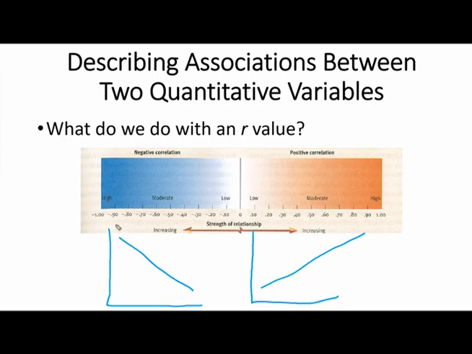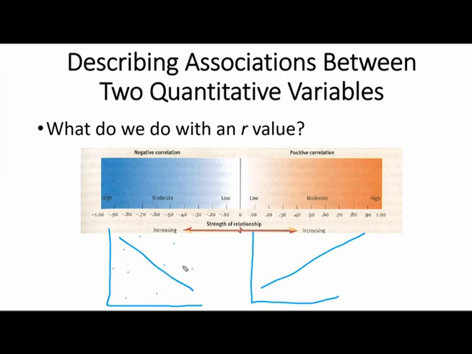And then we can have our strength of correlations, so from less strong to very strong. The closer to 0 we are, the less strength in that relationship. So if we're close to 0, we're going to see a scatter plot where the dots are very spread out.